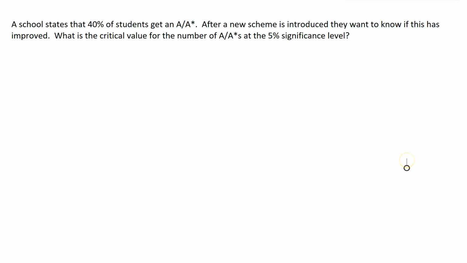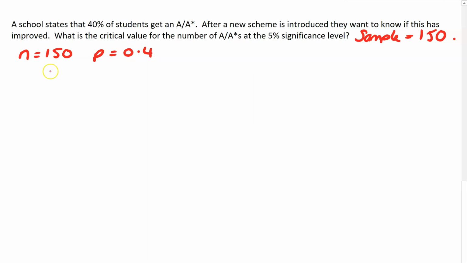I've just looked up my notes. The sample is 150 students. Okay, so n is 150. And the probability of them getting an A or A star is 0.4. So X is distributed binomially with 150 and 0.4.